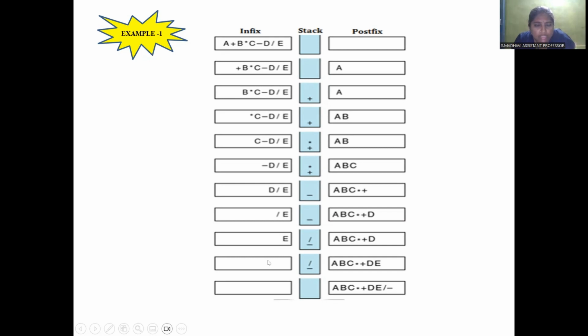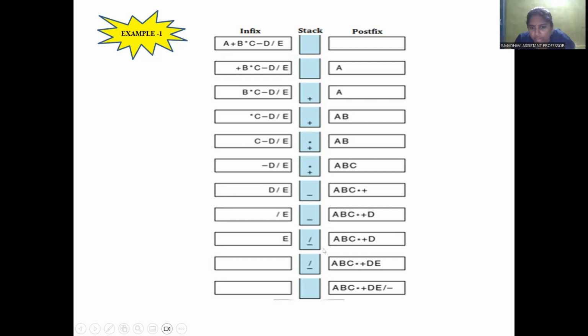There are no other operators or operands present here. According to the last step in the algorithm, once we have completed moving the infix onto the postfix, if some operators are still pending in the stack, we can pop those operators from the stack and place them onto the postfix.